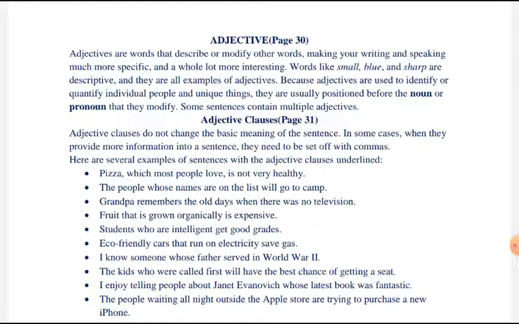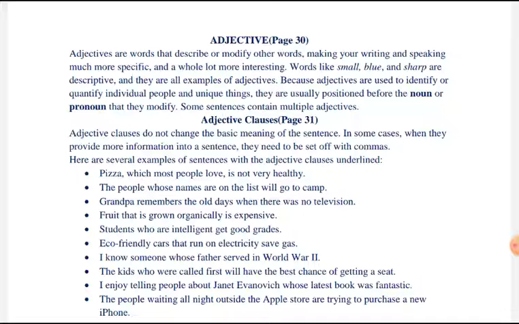So, brilliant is an adjective. Sharp as an arrow. Sharp. Then good teacher. Good. All these are adjectives.